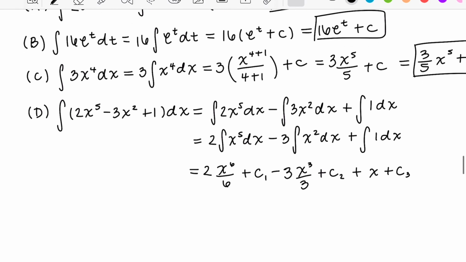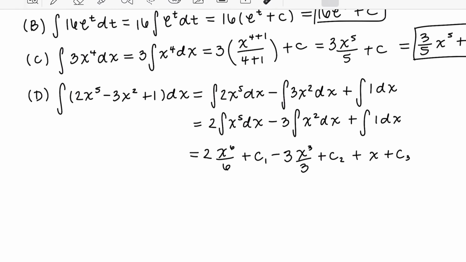So simplifying this guy, here we can divide both of these by 2. So we'll get 1/3 times x to the 6. Then we're going to ignore this constant for a moment and look at this guy. These 3's cancel, so we just have minus x cubed. And we're going to ignore this for a moment and then just look at this x here.